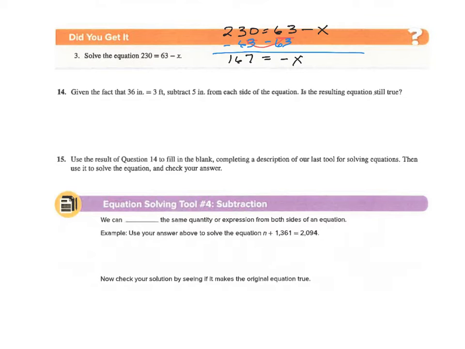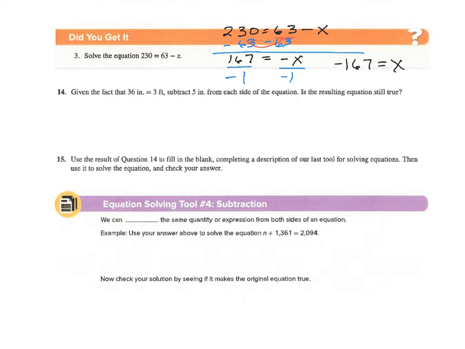There's all kinds of ways of looking at that. Either way, I can divide both sides by negative 1. And I think we all see that 167 divided by negative 1 is negative 167. And negative x divided by negative 1 is x. So there's our solution.